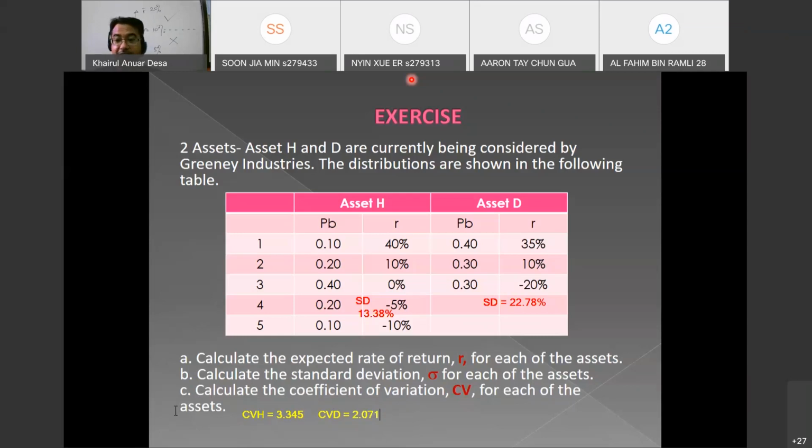Okay, yang tadi saya minta save the answer. So here is 13.38 bagikan dengan expected rate of return. Sama juga di sini 22.78 divide with expected rate of return just now. Okay, this is the way how we get the covariate.